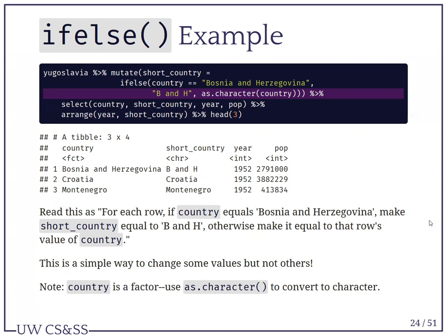There is an if underscore else that I believe is in the dplyr package. It might be in the tidier package. It does basically the same thing, the if underscore else one, but it has some stricter rules about how it coerces things into other values. I'm not explaining that right now, because that's kind of what we're going to go over next week.